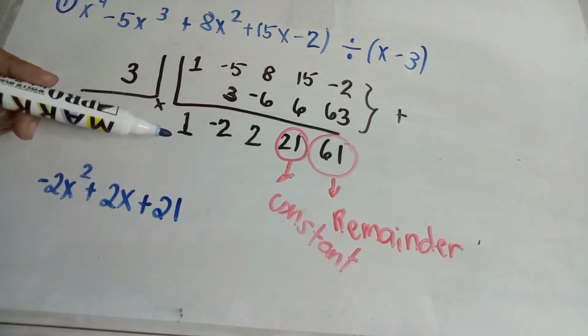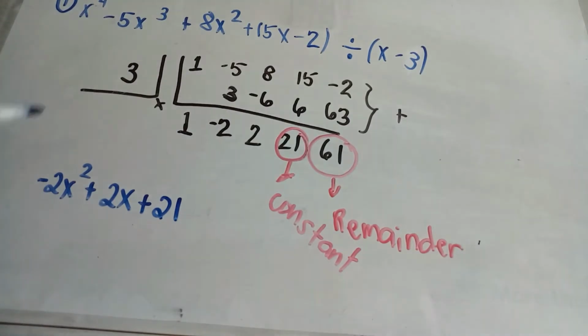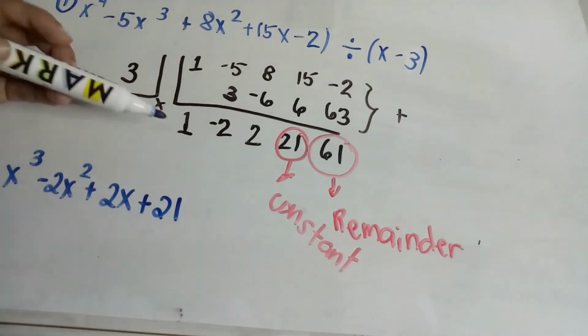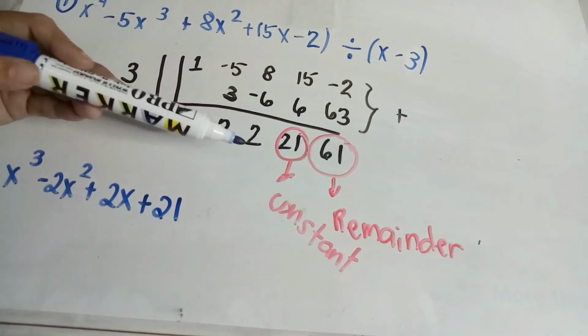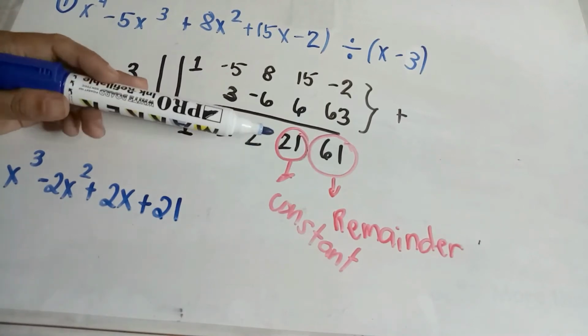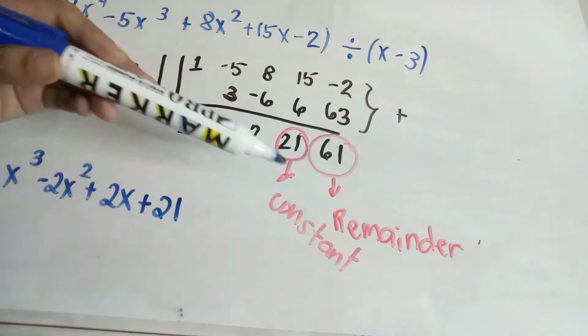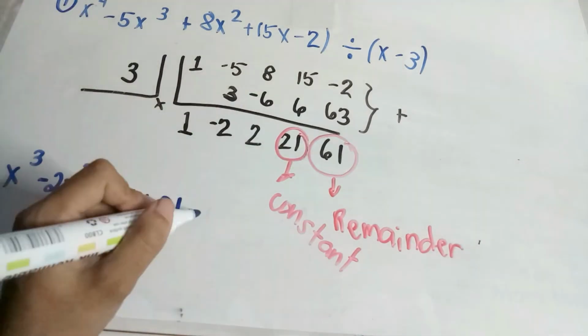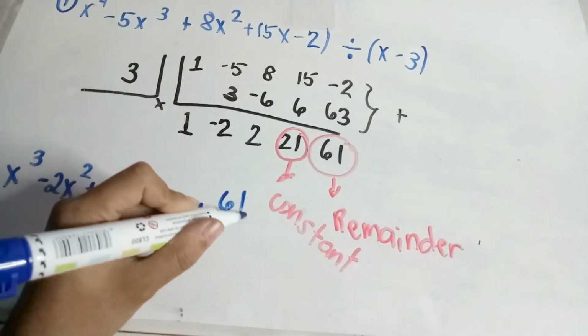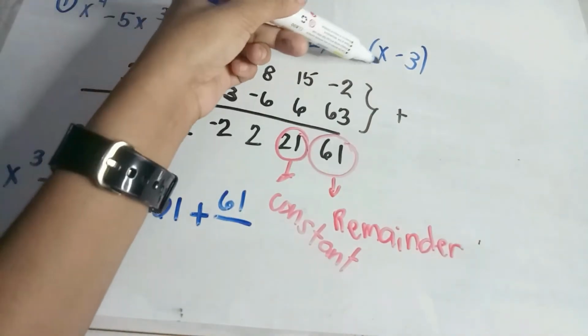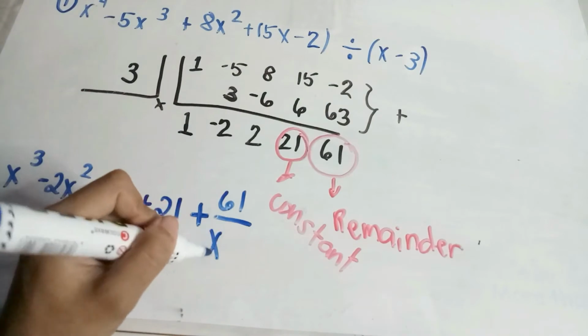The next is x cubed, so we have positive x cubed. So we have x cubed minus 2x squared plus 2x plus 21. Then the remainder of 61, and that is plus 61 over x minus 3.